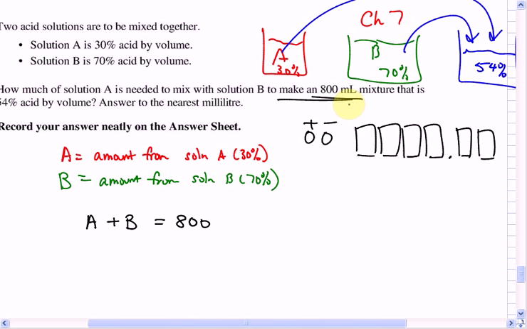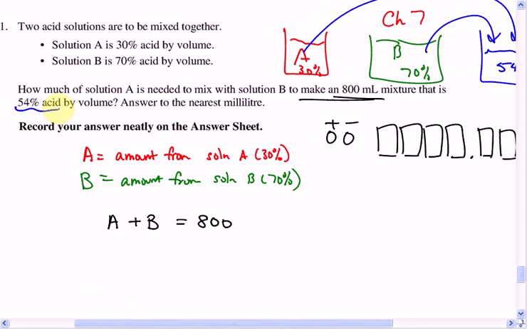The next part's the tricky part, where it says the mixture has to be 54% acid by volume. Well, I've got percentages here. So the amount from solution A is 30%. So that means I should just take 0.3, I'm writing as a decimal now, of A. Okay, and that tells you how acidic the solution is from A. Well, the amount of acidity from part B is 70%, so whatever amount I have, it's just 0.7 of B. And what's this new mixture supposed to have an acidic measure of?